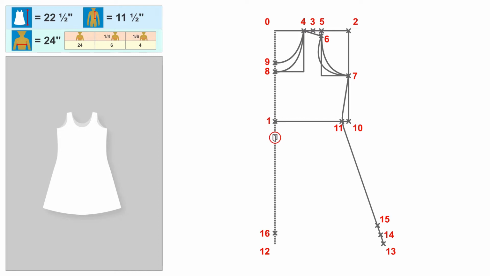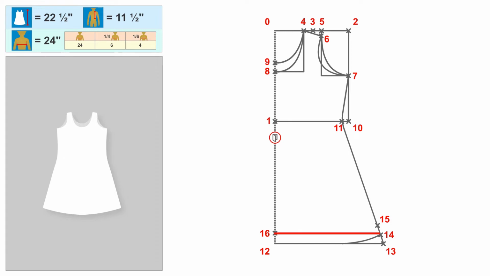This is point 16. From point 16, draw a right angle line which is also parallel to the line connecting points 12 and 13. About midway along the straight line, starting from point 12, shape in a soft curve to point 14.